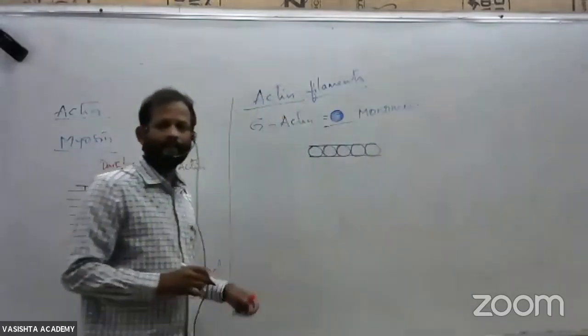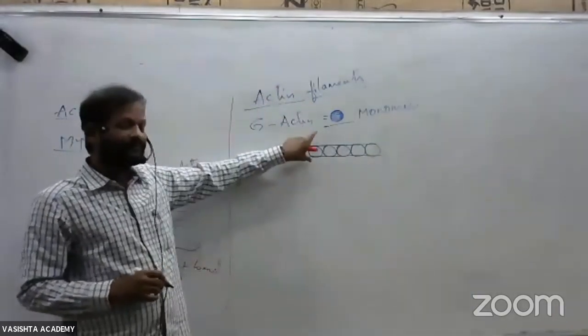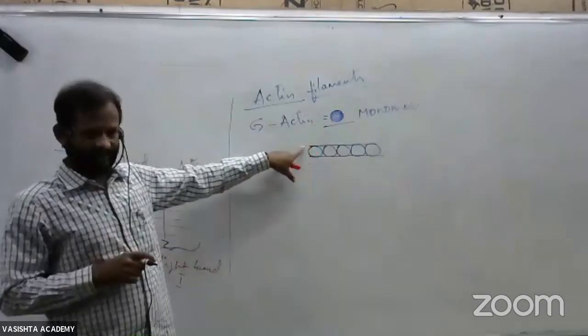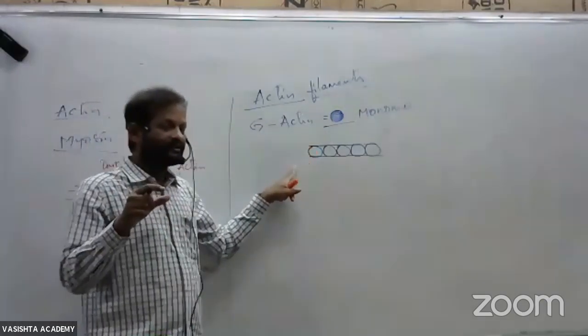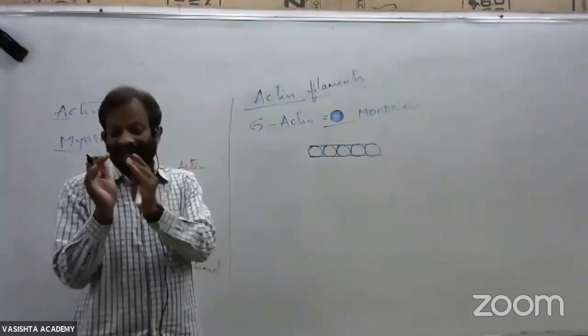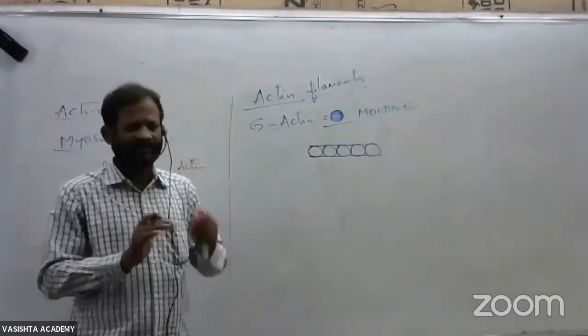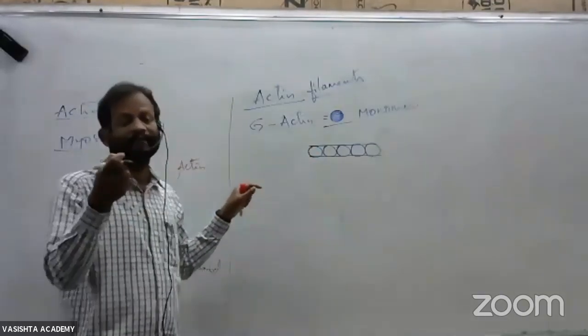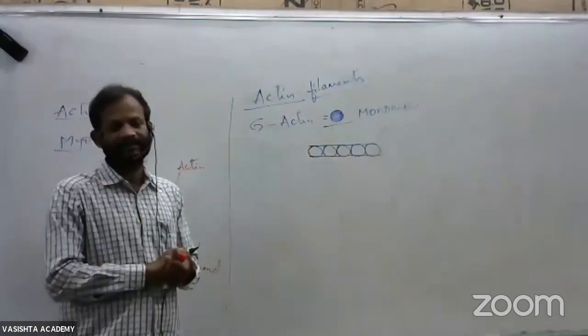See, that type of polymer of G-actins. What is the meaning of polymer? If those monomers attach with each other, it comes in chemistry. Polymer, monomer. Actually, protein is the polymer of amino acids, peptides.